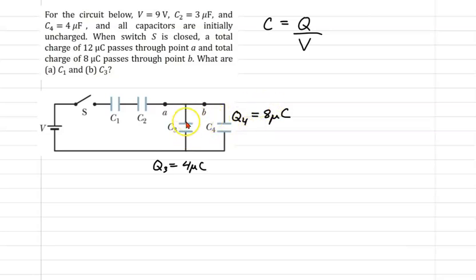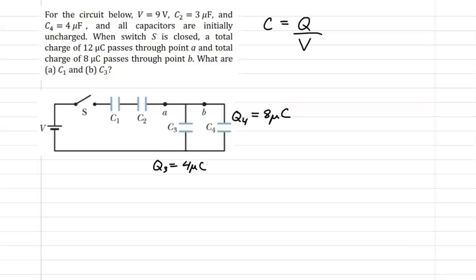For each capacitor, you'll have a potential difference V. So C1 would have Q1 over V1, C2 will be equal to Q2 over V2, and so on.